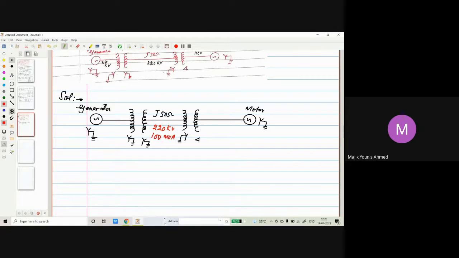So S base given is 100 MVA and V base is 220 kV. Very simple. We also call this the system base.